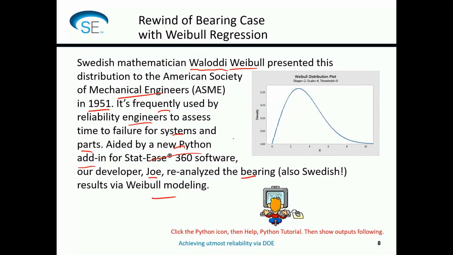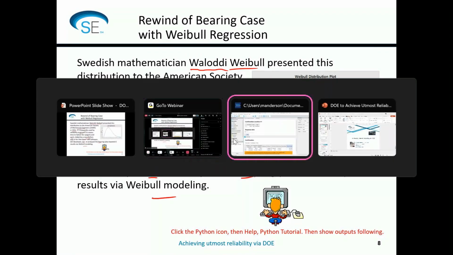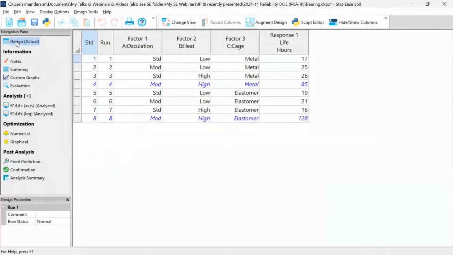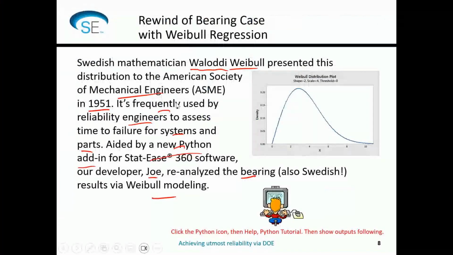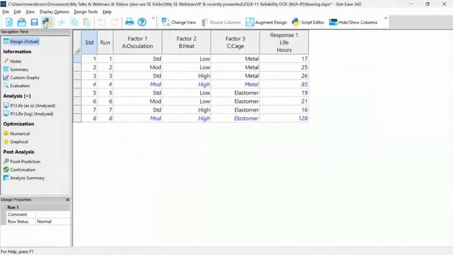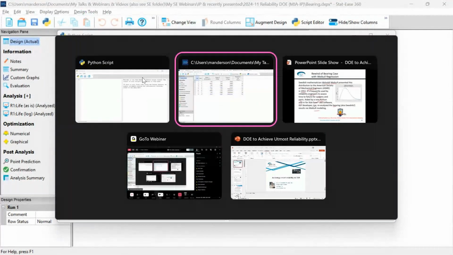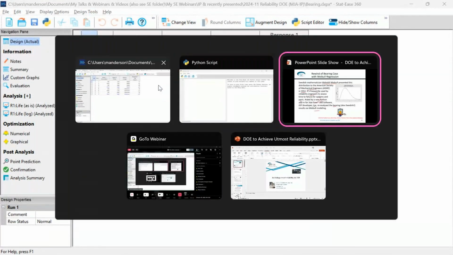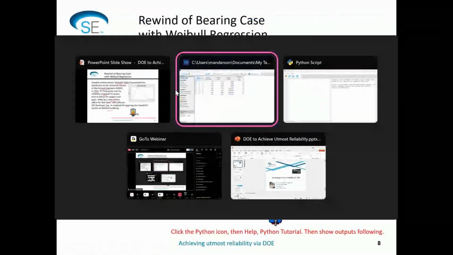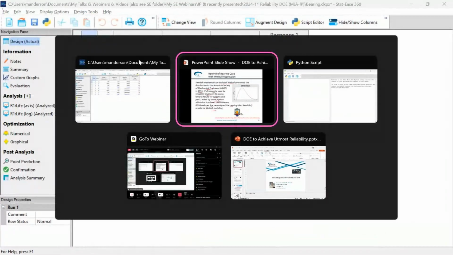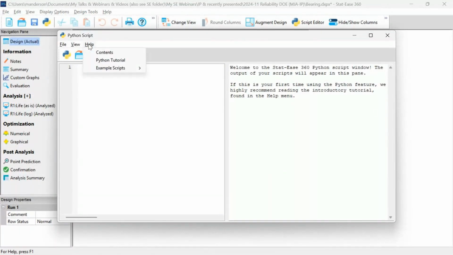So rather than make a daring attempt to actually demonstrate this, if you are interested, contact stathelp@staties.com, and then I'll have Joe follow up with you. But as we mentioned, we have this Python icon, and then under the help system there is a Python tutorial.